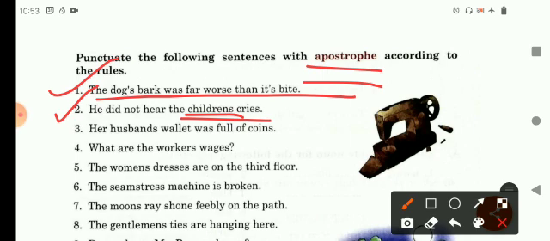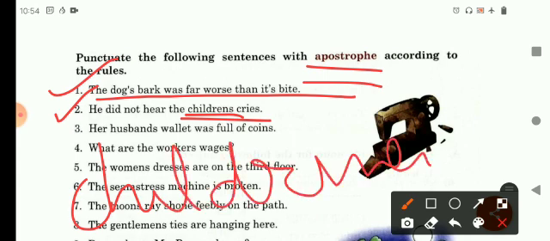Now, to denote possession, that the cries belong to children, how will you write? You know that if the subject is plural, you have to add simply s after the word children. Like this.